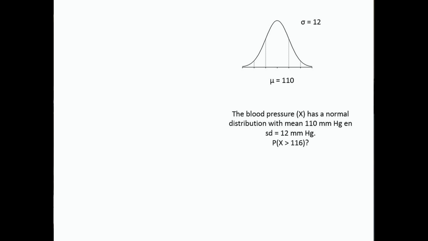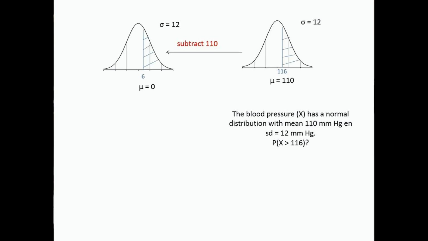We don't have a table of this normal distribution. We start by subtracting the population mean, 110, from this problem. In fact, we shift the distribution to a distribution with mean 0. The area we are interested in the new graph is on the right hand side of 6.